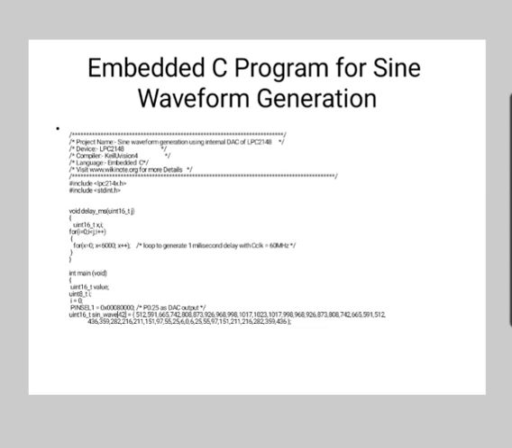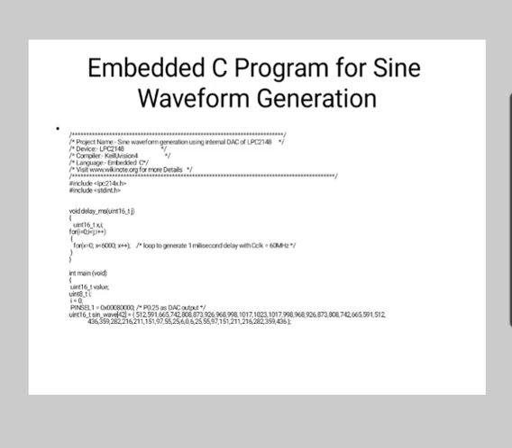Here is the embedded C program for sine waveform generation. So the compiler is the Keil uVision version, with hash include for initialization. Then a for loop is used. This loop is to generate a 1 millisecond delay with a 60 megahertz clock.